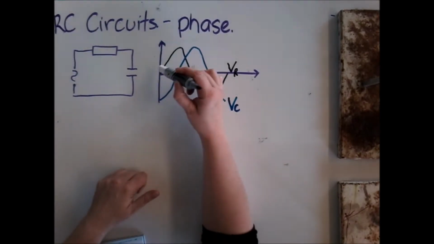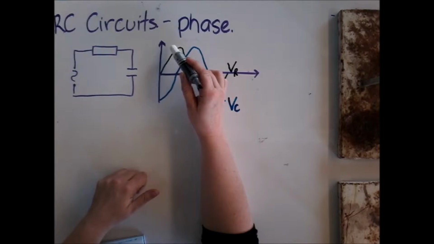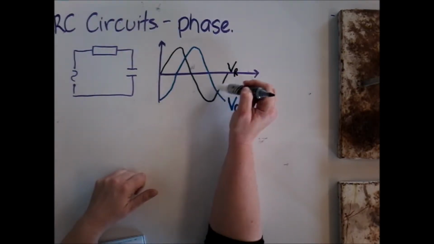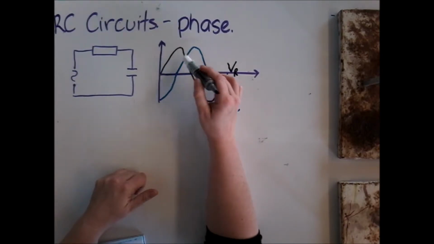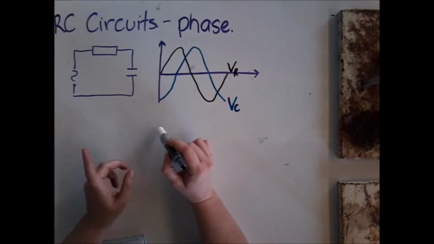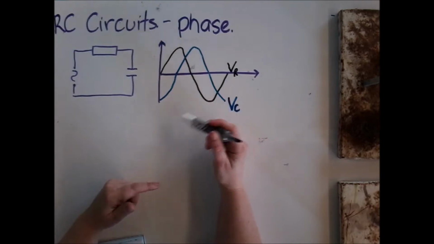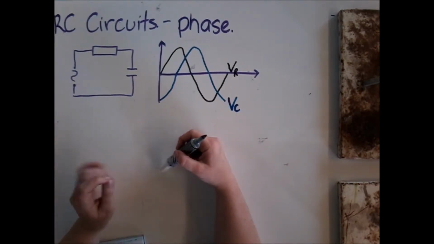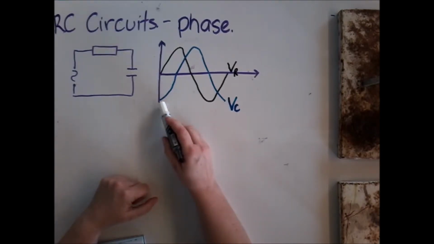The resistor voltage starts at 0, gets big, comes down, passes through the equilibrium again, reaches its minimum, comes back up. Nice tidy sine curve. What we find when we measure the voltage across the capacitor is we still get the same sine curve, but it's offset. It's not in phase, okay?